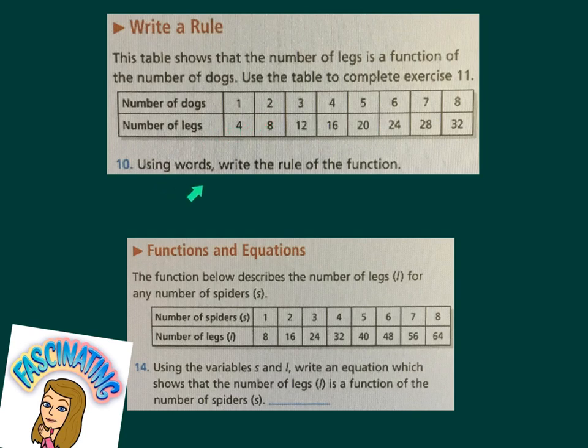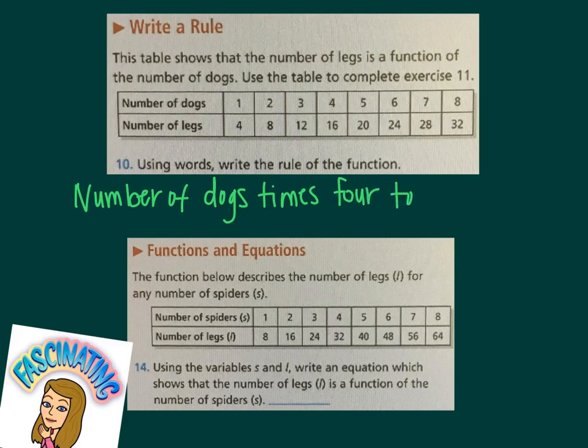So in order to write this rule using words, I would have to get my pencil here ready and say you would take the number of dogs times 4, using all words here, to equal the number of legs.